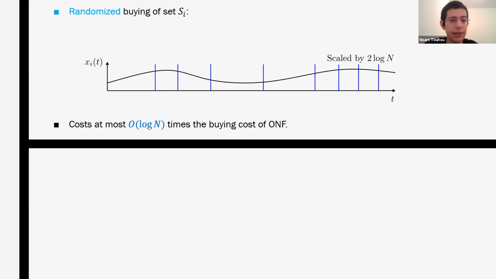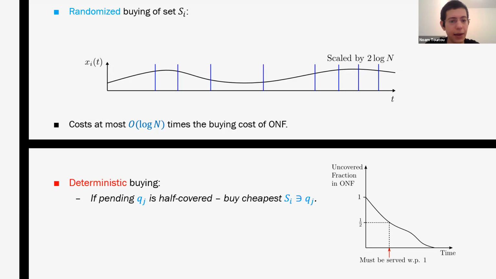And this can easily be seen to cost at most O log capital N times the buying costs of the fractional algorithm. And this log capital N comes from the scaling of the algorithm shown here. The second part, deterministic buying, states that if a pending request is half covered in the fractional algorithm at some point in time, but is not yet served in the integral algorithm, then we're going to very specifically serve this request by buying the cheapest set which contains it.